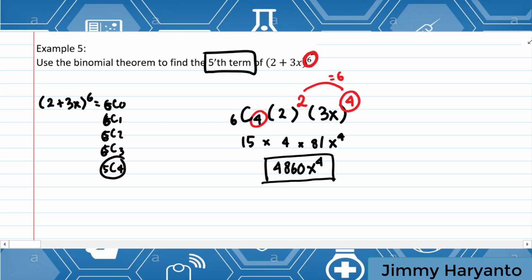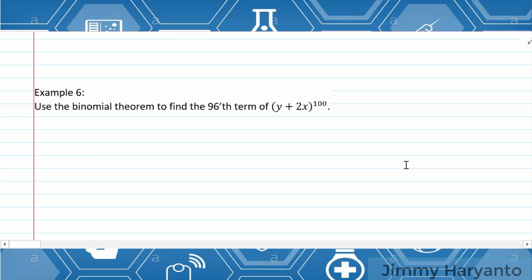Okay, another example of this kind of question. Now I have this binomial, y plus 2x to the power of 100. If you expand it 100 times, it will be difficult. So the question wants us to find the 96th term.